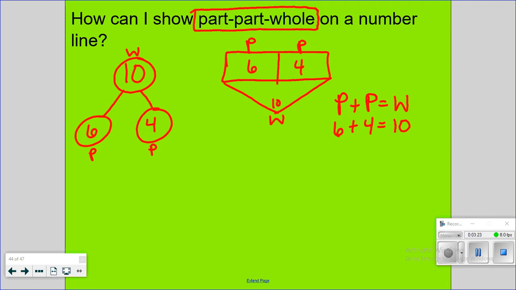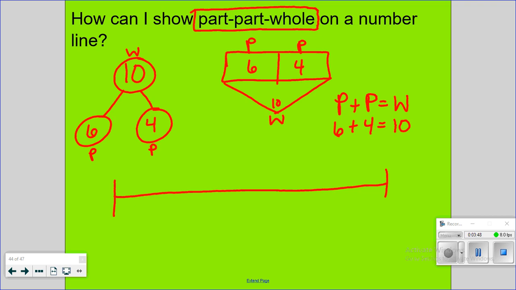So how could I use that on a number line? Debbie, what do you think? So let's draw a number line. We've been talking about this a little bit.